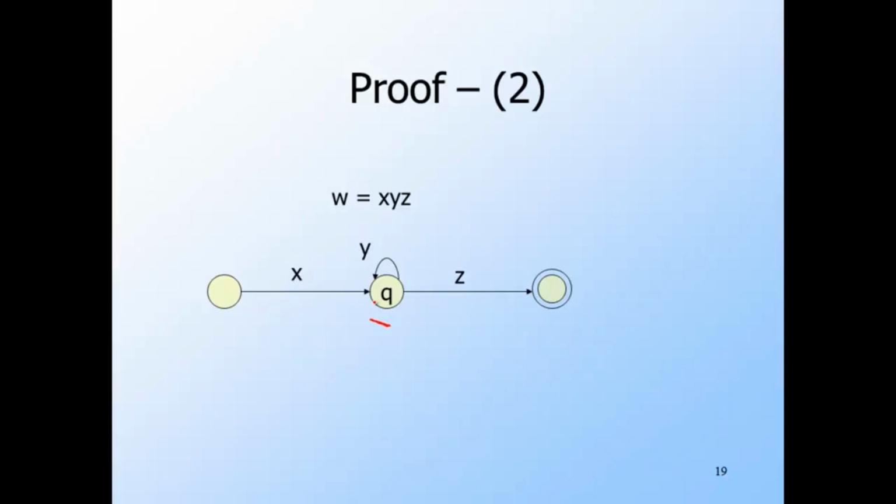That is, the end of Y is the second occurrence of Q. Notice that therefore Y cannot be the empty string, although X or Z might be. Finally, Z is the rest of W, and we know it gets the DFA to a final state because W is accepted by the DFA. Notice that the path labeled Z may have states that also appear earlier, but it doesn't matter. The important thing is that we identified the first repeating state Q.